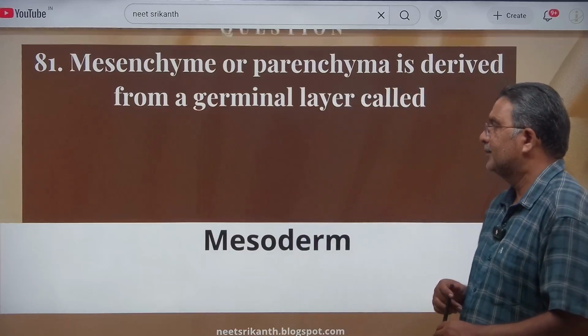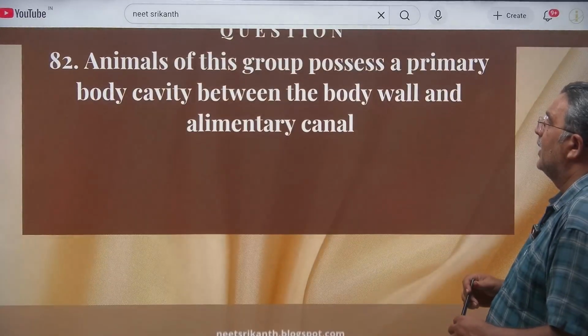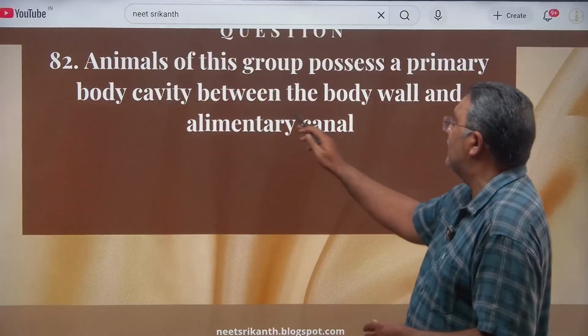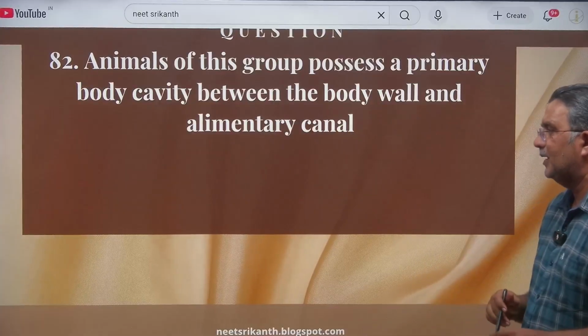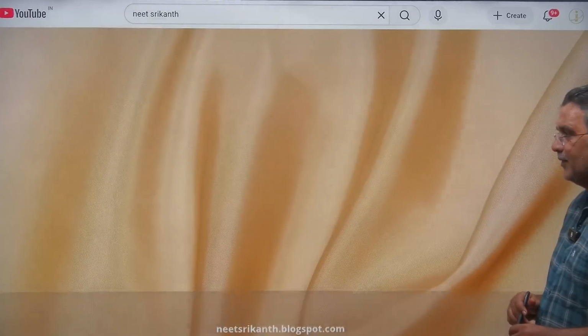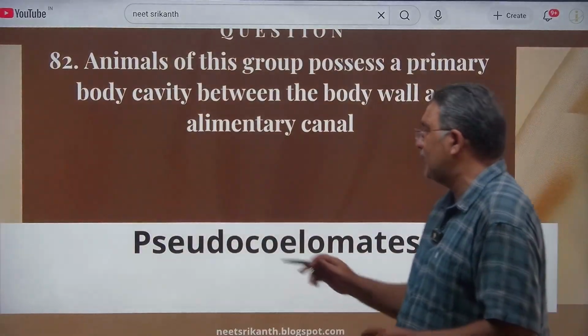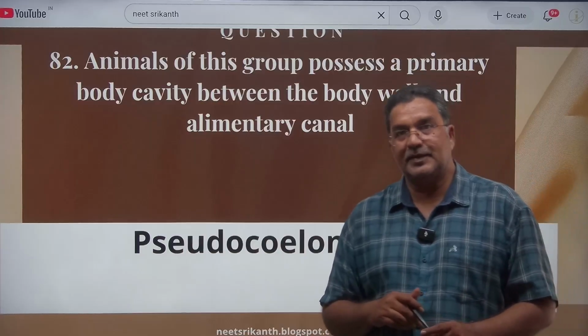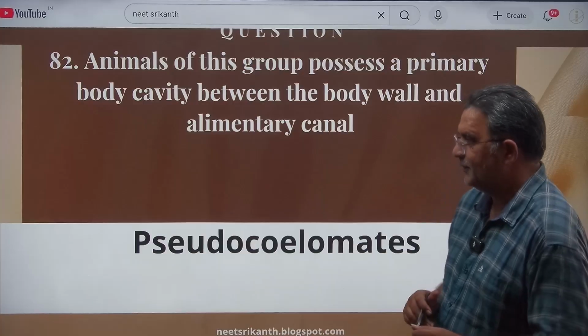Animals of this group possess a primary body cavity between the body wall and alimentary canal. A primary body cavity. Who is that? Pseudocoelom. To say true body cavity, a secondary body cavity should be present.